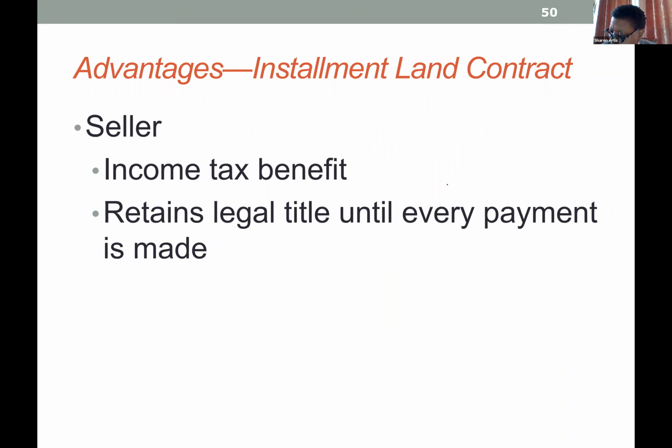As far as the seller goes, there are some advantages and disadvantages from the seller's perspective. Advantages are, you know, they get to hold on to the title until it's completely paid off. So they have the ultimate protection. If you're the seller in this thing, let's just be real honest, don't you start to root against these people after a while?